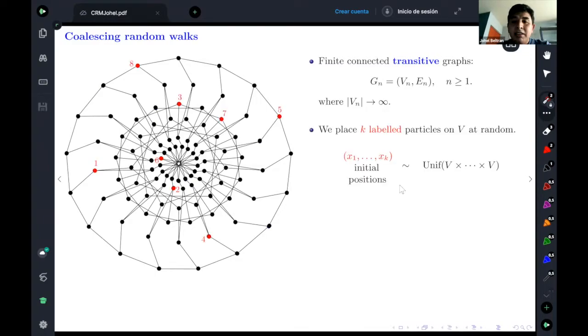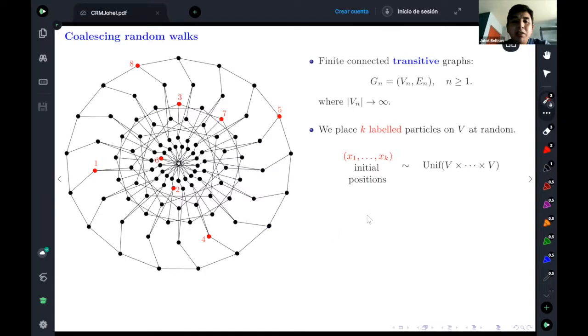Now on this graph, we place k labeled particles, labeled with the numbers from 1 to k. We choose the initial positions: for particle 1, we choose a vertex uniformly; for particle 2, we choose independently a vertex uniformly in the graph, and so on.